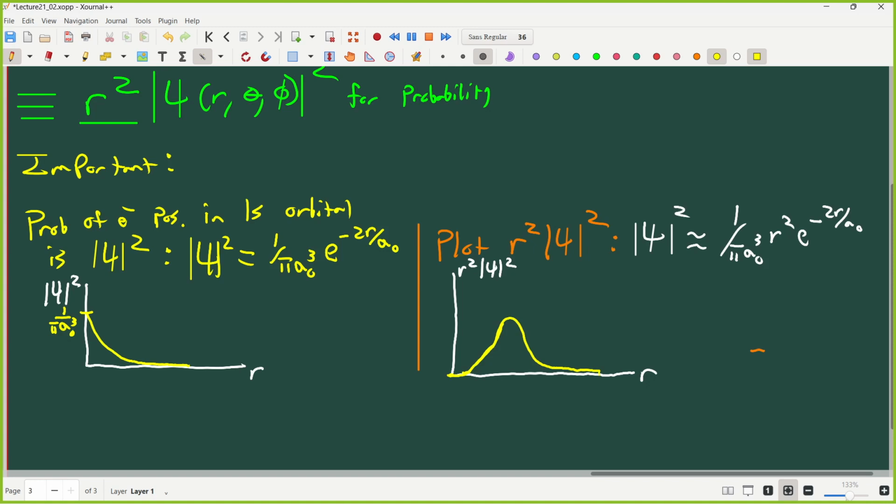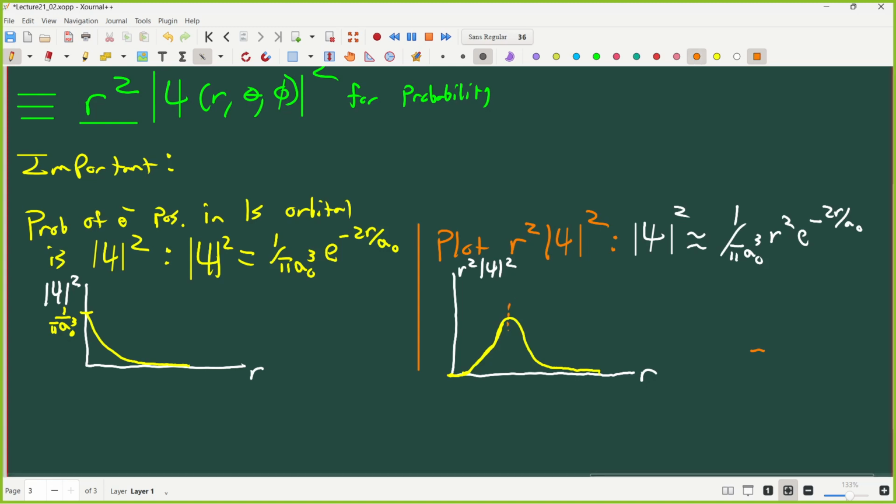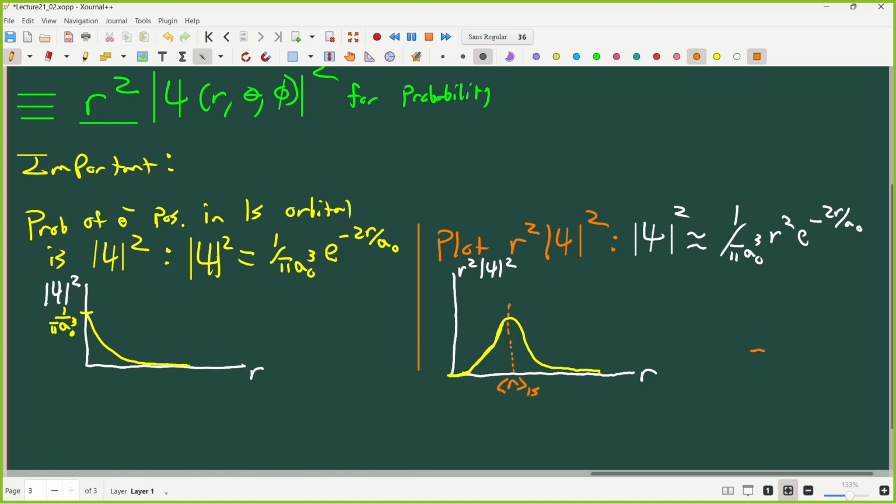So this means that there's some finite distance that the electron is at, and this is the average value of r for the 1s orbital. This is why I wanted to calculate that average, because this will tell me exactly where the electron typically is for the hydrogen atom in the 1s state. Okay, so let's go back to that integral again, and let's calculate this.